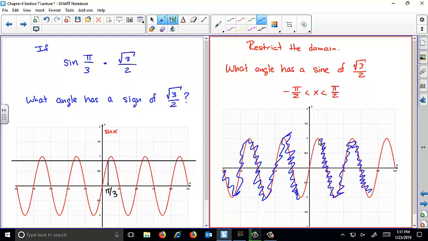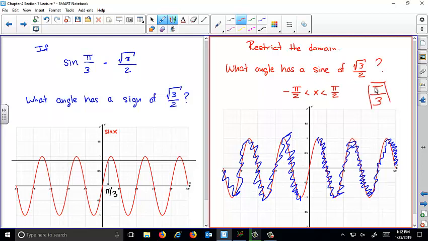So they coincide between negative pi over 2 and positive pi over 2. If I ask this question, there'd be one answer. The answer would be this first intersection. The answer is pi over 3.